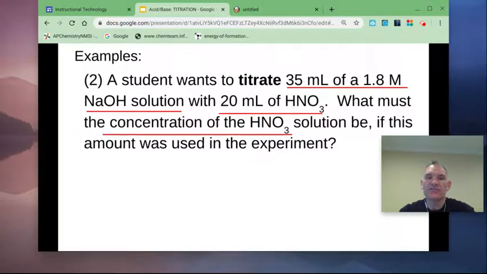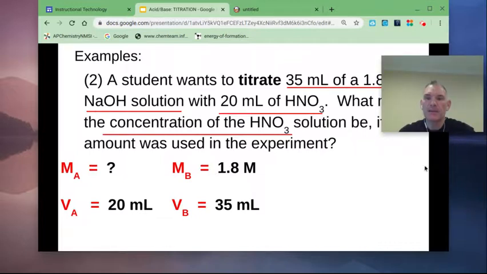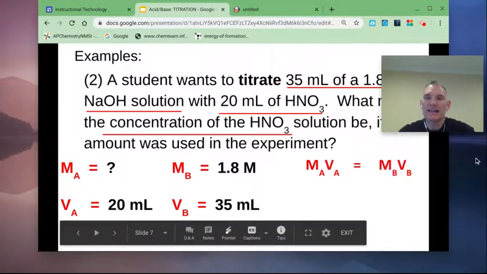If I plug what I underlined into my MAVA chart, I'm looking for MA. VA is 20 milliliters, MB is 1.8 molar, VB is 35.